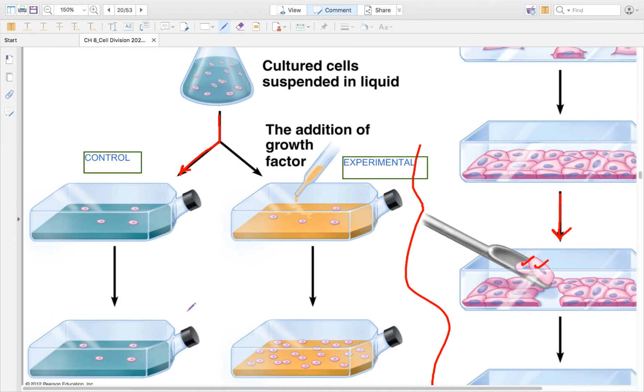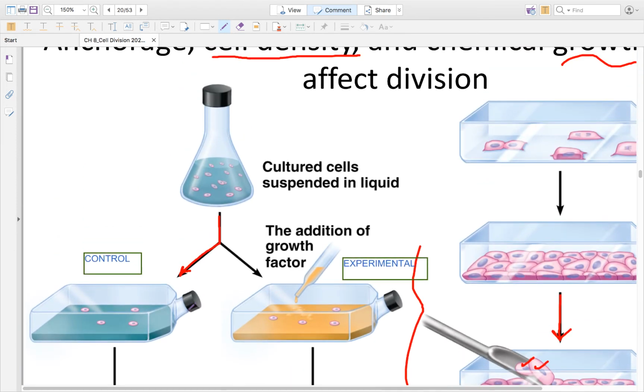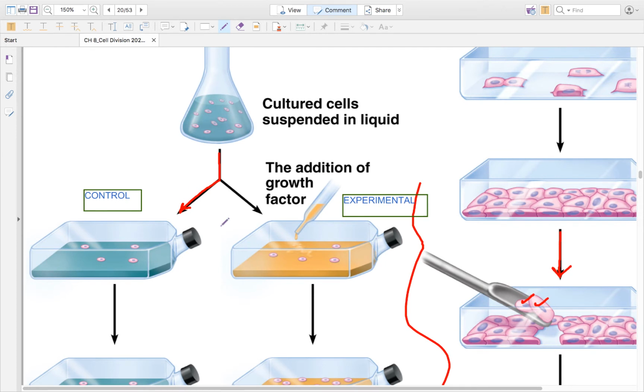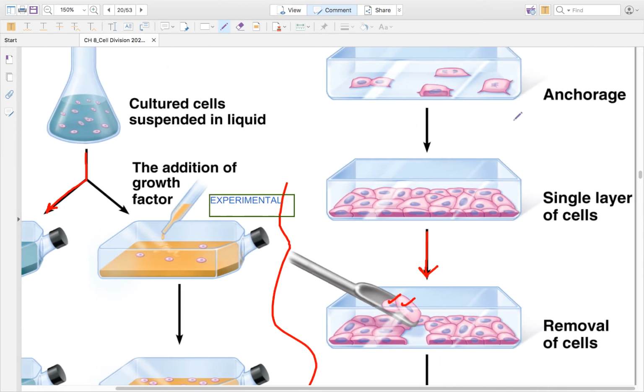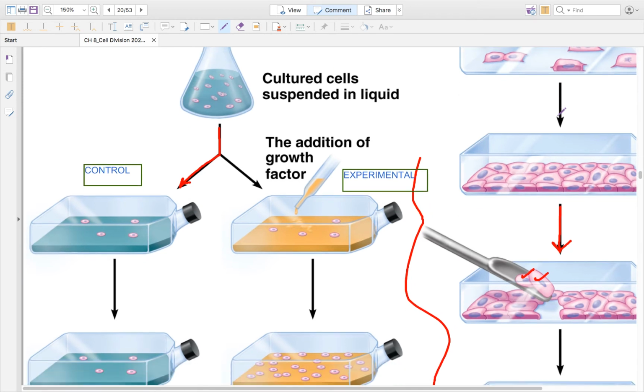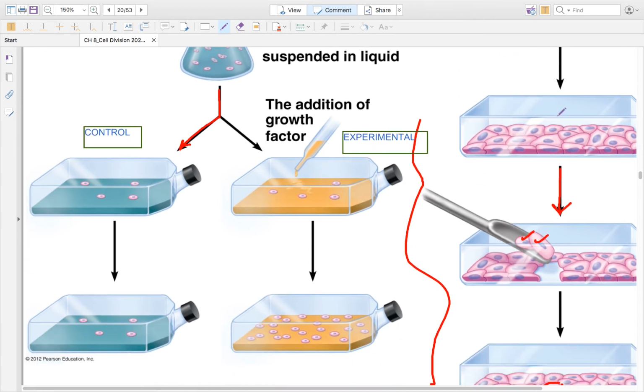All right, now the other experiment. We started off taking these cells and putting them in this liquid and in a control with nothing. They won't grow. They're not supposed to, because they follow that whole anchorage dependence law. But what can happen is this.